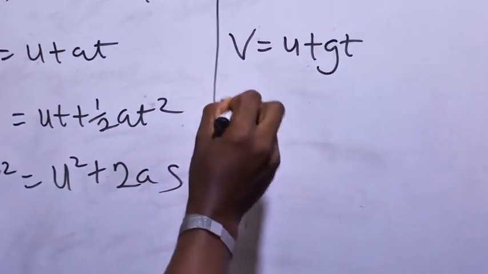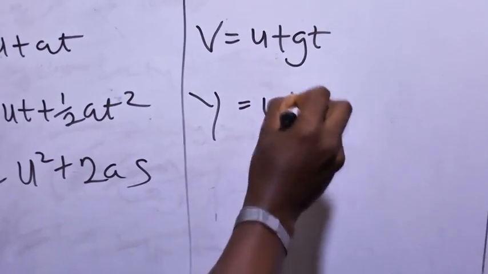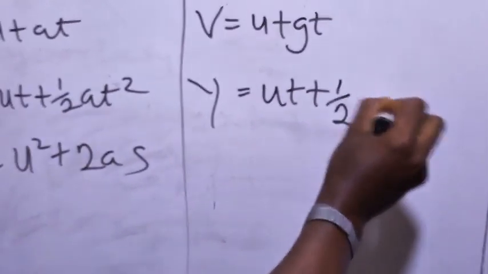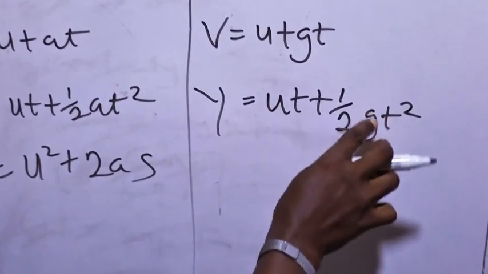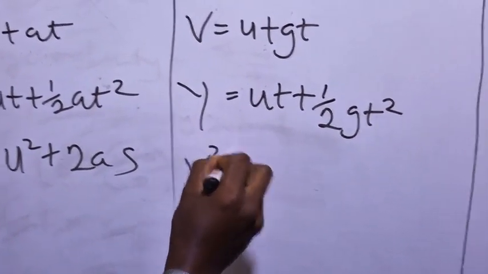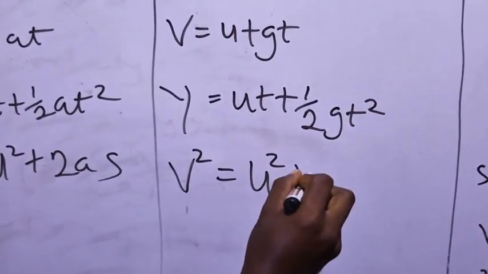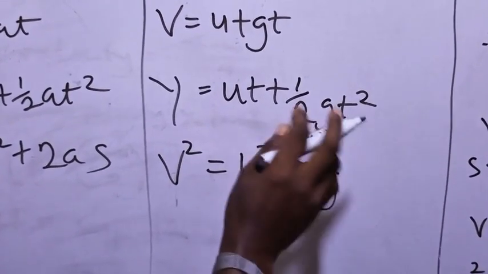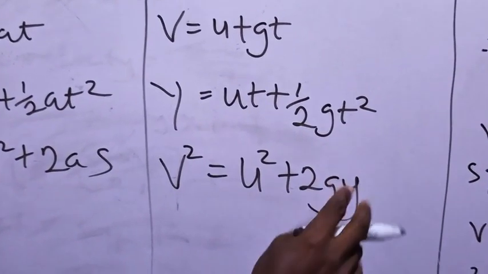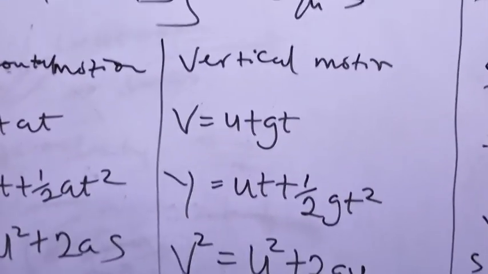For the other one, we have y, that's distance, equals ut plus half gt square, still acceleration due to gravity. And the other one, v square equals u square plus 2g, still acceleration due to gravity, multiplied by distance y, still s because it's a vertical motion.